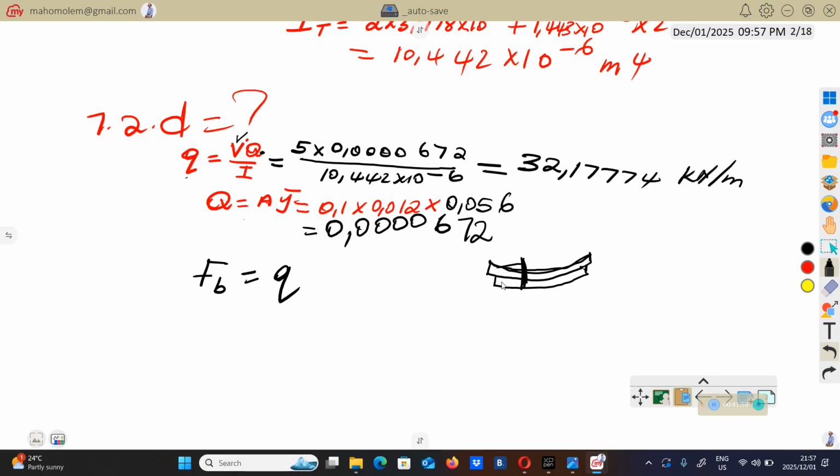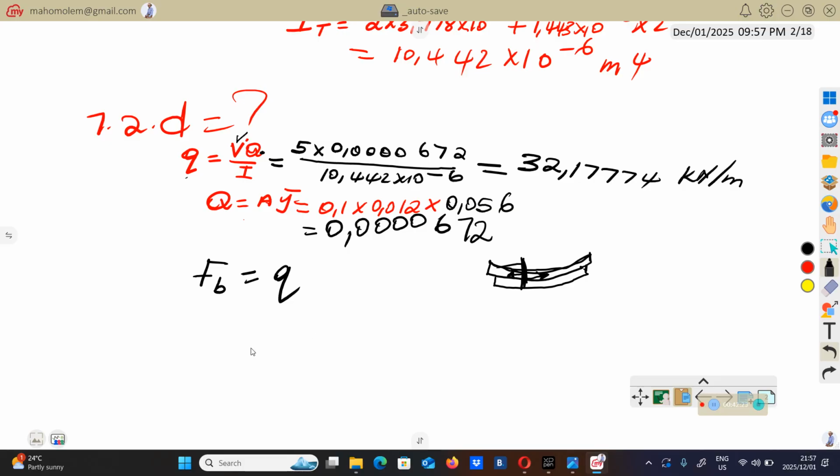That sliding will only happen when the beam starts to bend. So there will be a force created in this direction. Then if this is our bolt, the bolt must push in the opposite direction with the same magnitude. So that's what we're trying to see here.